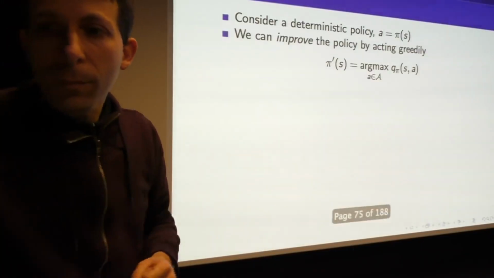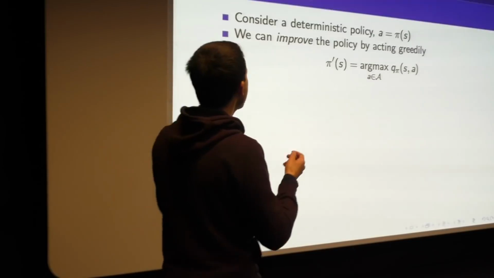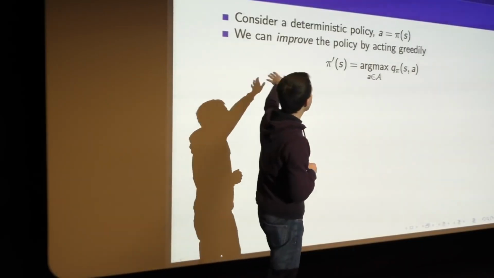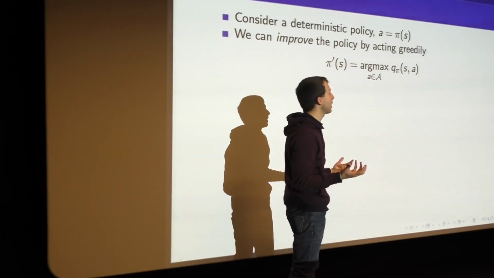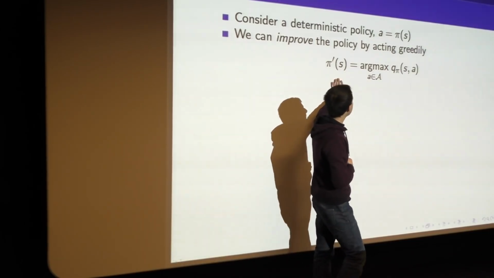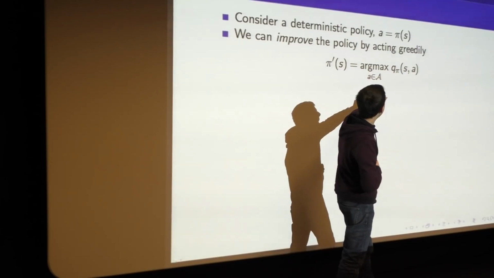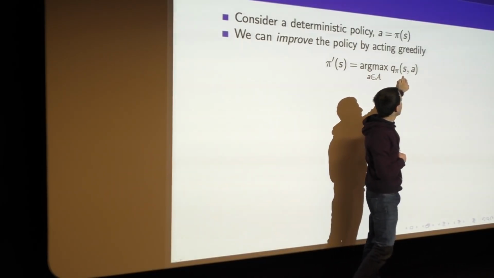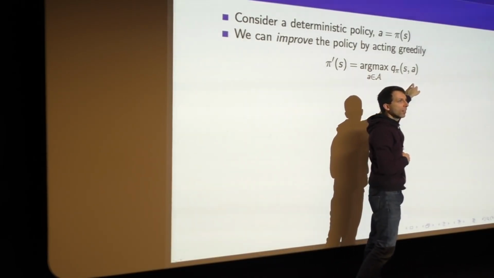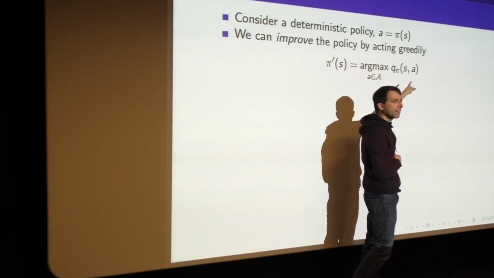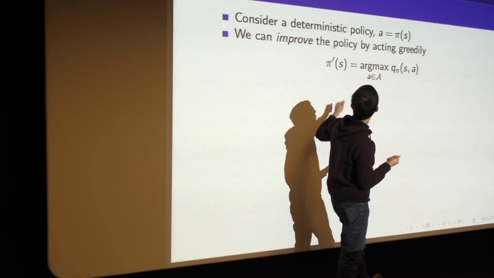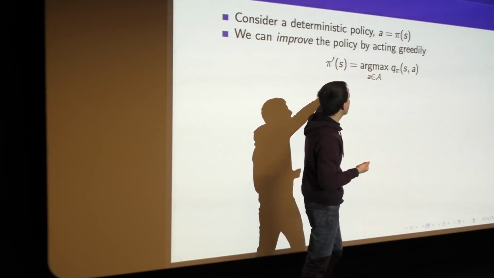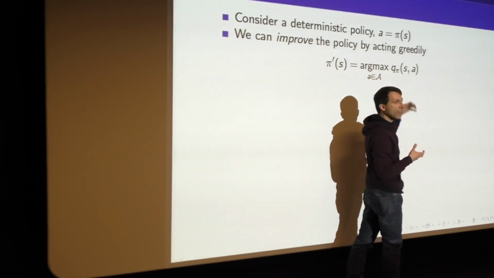And so how do we come up with our new policy? The way we come up with a new policy is by acting greedily. Now let's define what that means to act greedily. Acting greedily means that we look at the value of being in a state and taking a particular action, and then following your policy after that. That's precisely the action value. So what we want to do is pick actions in a way that gives us the maximum action value.